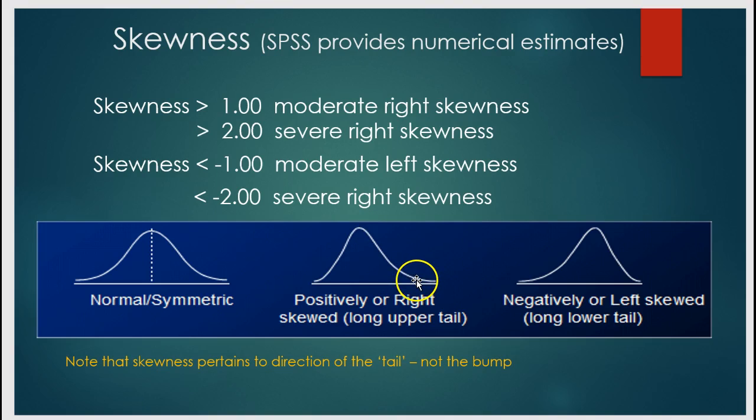They're looking at where the tail is longer. So if it's right skewed, you've got a longer tail on the right. If it's left skewed, you have a longer tail on the left. And there's degrees of skewness. So moderate skewness is 1, extreme skewness is 2, either 1 or -1 or 2 or -2.